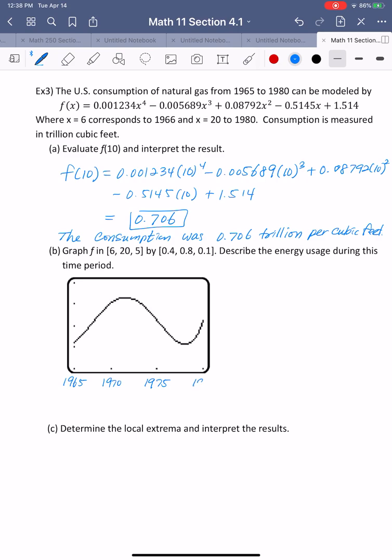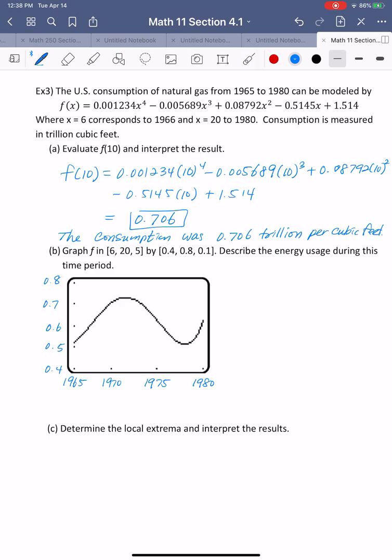Intervals up to 1980 here. And then from here, it's going from 0.4 up to 0.8, which means 0.5, 0.6, and 0.7. Each interval is 5 for the horizontal axis, and 0.1 for the vertical axis.